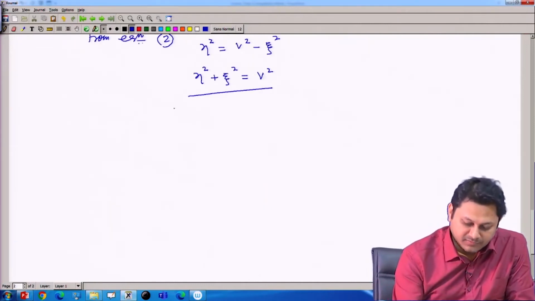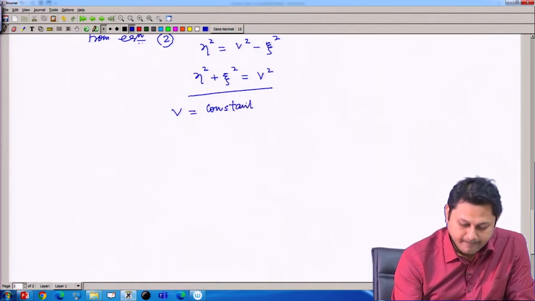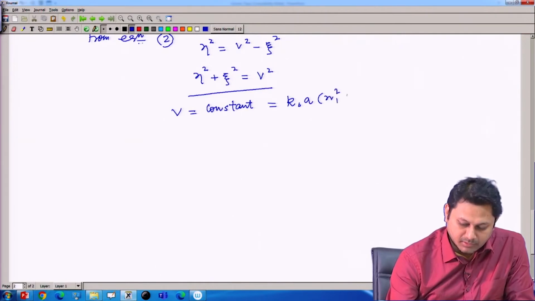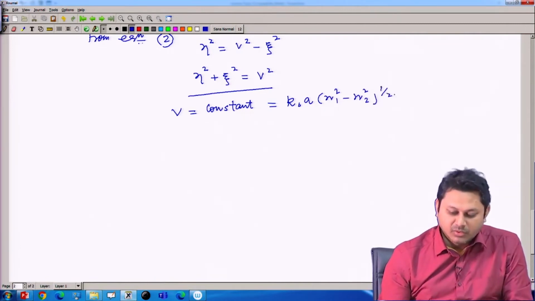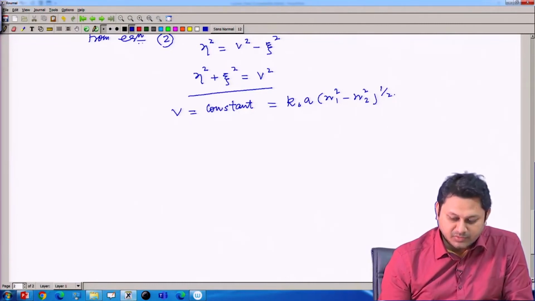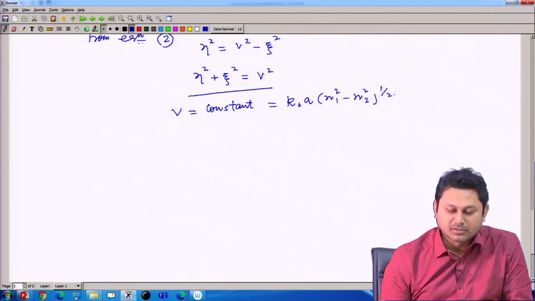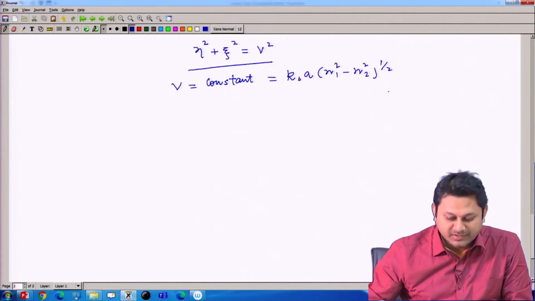Mind it, v is a constant, which is equal to k0 a n1 square minus n2 square whole to the power half. All the terms here are constant, not depending on anything. That is why v is a constant.